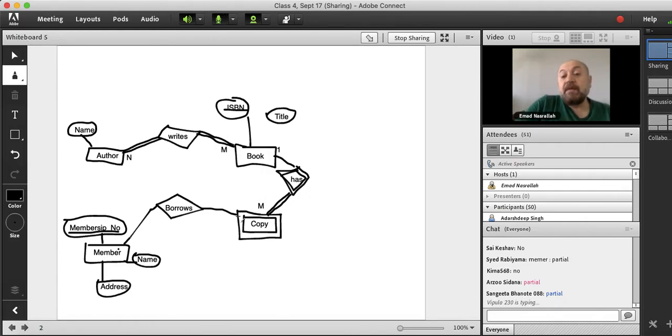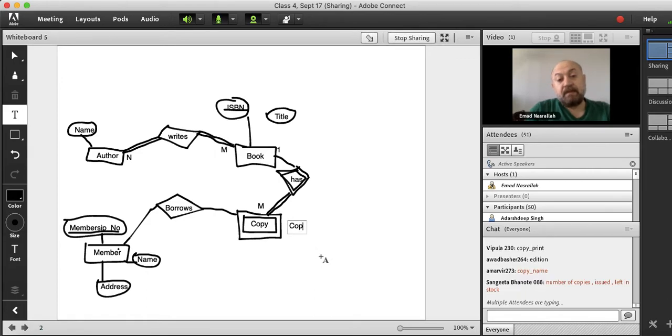Now for the copy. Before we talk about is it total or partial, what are the attributes of the copy? We can have copy number.